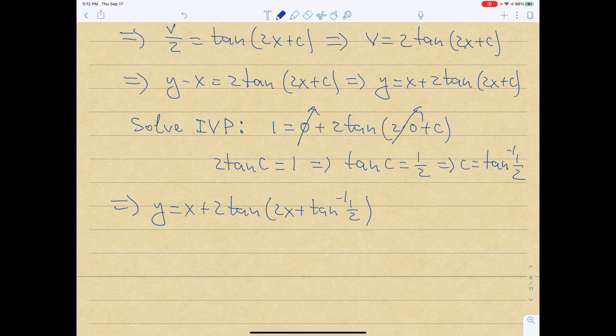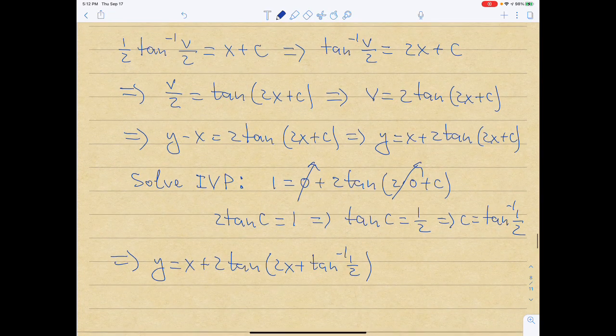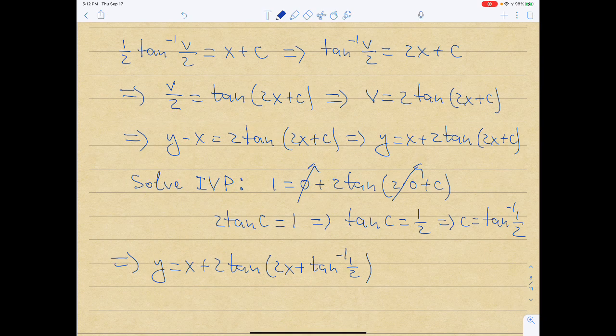And that's the final solution. So as usual, you can see in all of these examples, the most difficult part probably is integration, and the actual solution technique of the ODE is not really that challenging. All right, so next time we're going to talk about applications of first order ODEs.